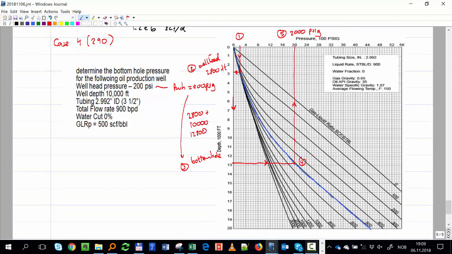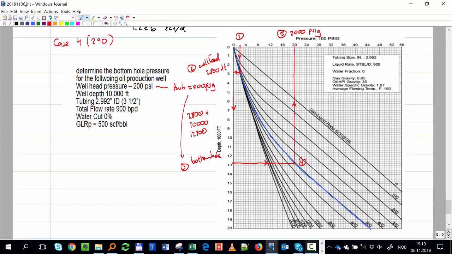We have the same way that we did before. Wellhead pressure, 200 psi. We knock it with 500. Then we go to the left, and that means the wellhead, in this case, is at the depth of 2,800. We know the bottom of the tubing is 10,000 feet below that.